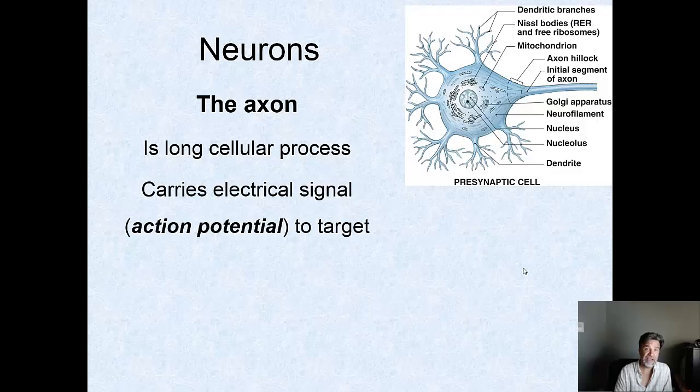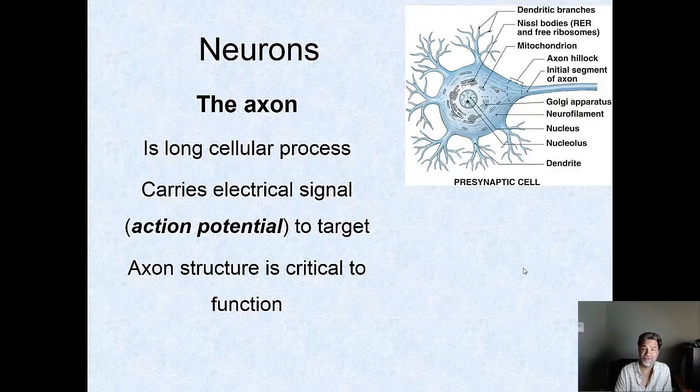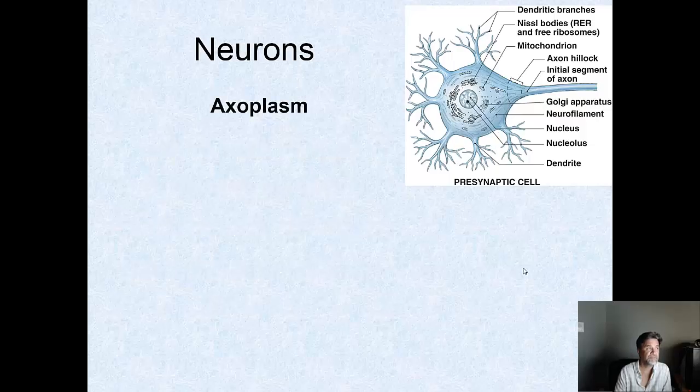It carries the action potential that we're going to get into in gory detail here in the next video or two. And of course, if you don't have axon, you don't have communication among neurons, and the whole function and structural integrity of the setup of neurons goes to waste.